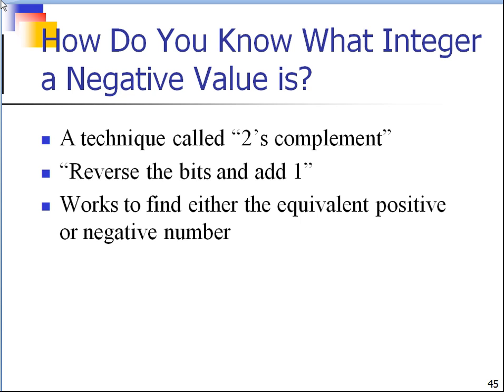All right, we're young and irreverent, right? So if I say flip the bits, pardon my French. But the good news is this works to find either the equivalent positive or negative number. Don't know why, it just does. Actually, somebody explained it to me mathematically and engineering-wise once, and I said, wow, that's interesting, and I got it for about 5 minutes.